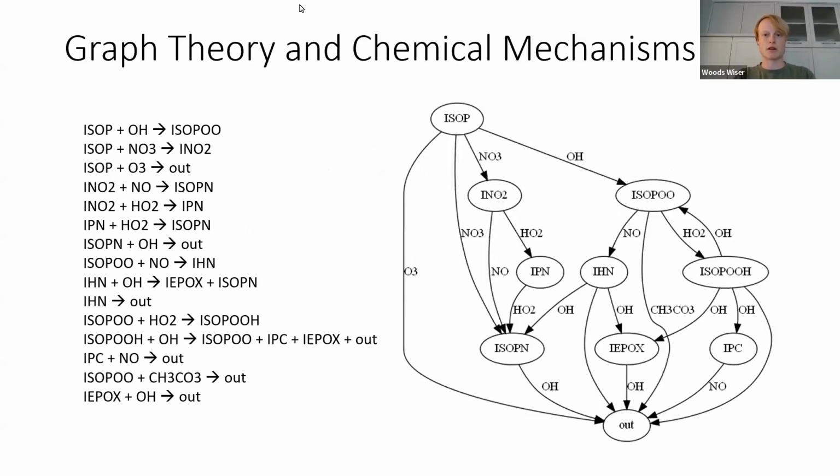So I'm going to start with just an overview of how graph theory connects to chemical mechanisms. And some of this might be kind of obvious, but then it plays into how the algorithms actually end up working. So here's an example of an abridged isoprene mechanism, or actually the reduced isoprene mechanism, and the graph theoretical representation of it.